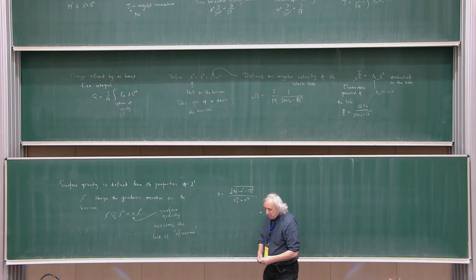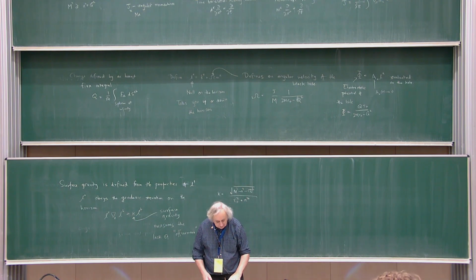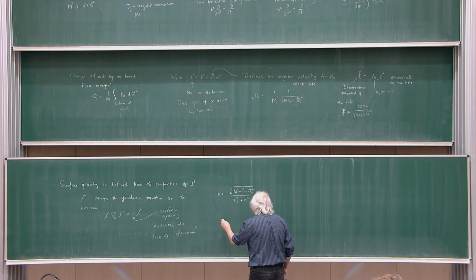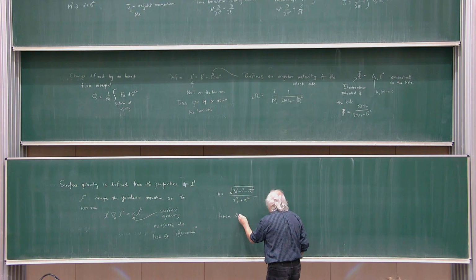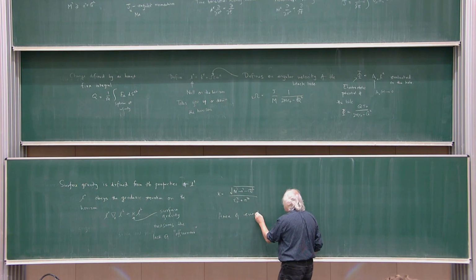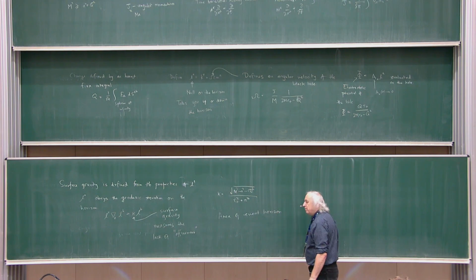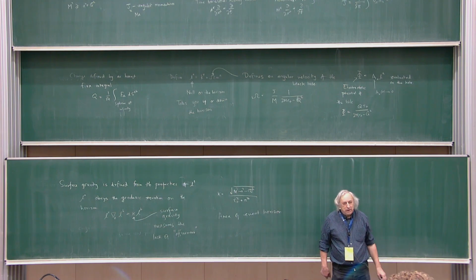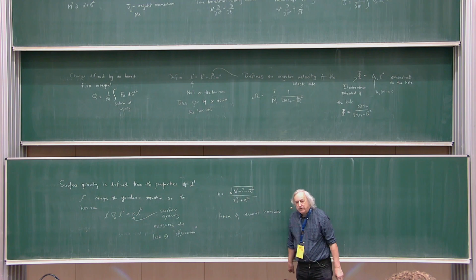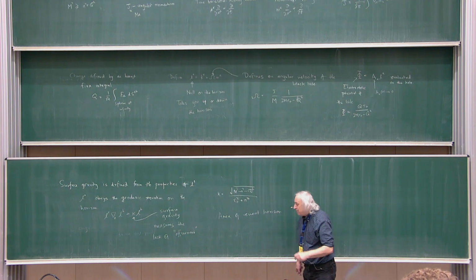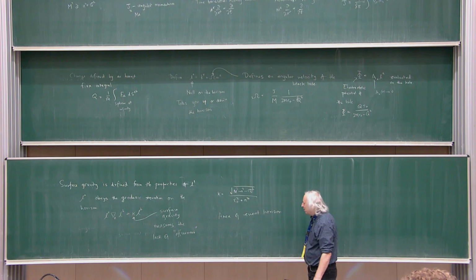The last thing I want to define is the area of an event horizon. The event horizon is a null surface, but if you fix some instant of time, then of course you can measure the cross-section.